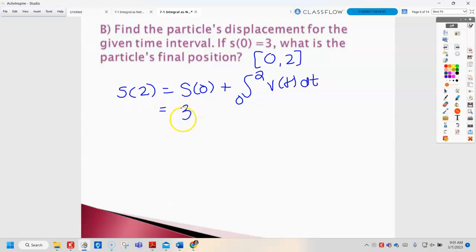So s of 0 is 3. To integrate velocity, we're integrating 6t squared. So that's going to become 6t cubed over 3 minus 18t squared over 2 plus 12t evaluated from 2 to 0. What's really nice is evaluating at 0 is always 0 as long as there's a variable involved.